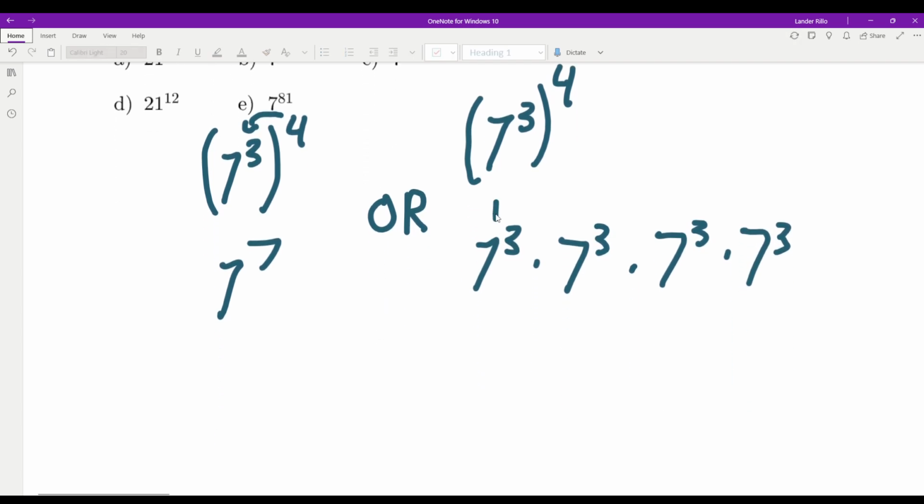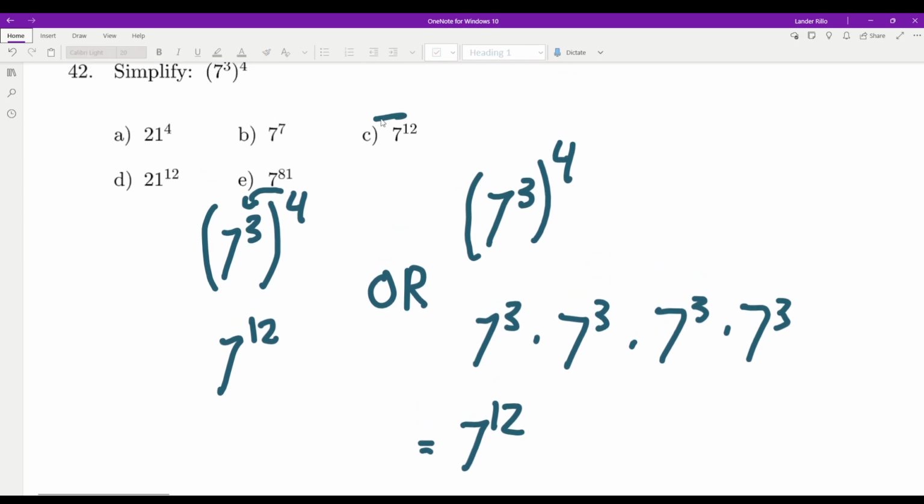And then you do the multiplication exponent rule. You add up all the exponents together. Oh, sorry, yeah, this is supposed to be multiplication. So 3 times 4 is 12. And here you add up all the exponents together, you get 12. Okay, that makes sense.